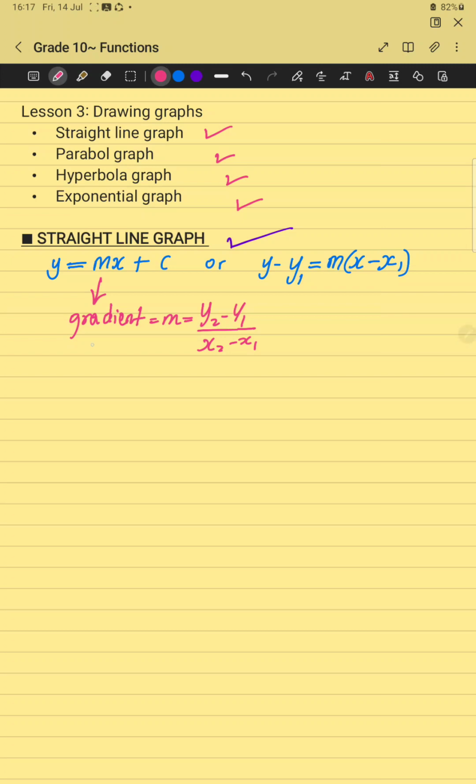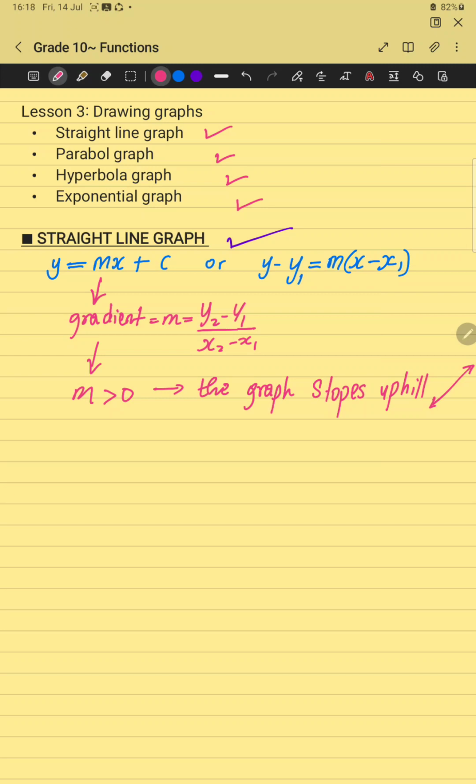And let me just go a little bit further about the gradient. So if the value of m here is greater than 0, that means the graph is going to show uphill.